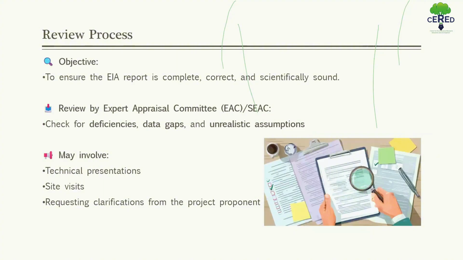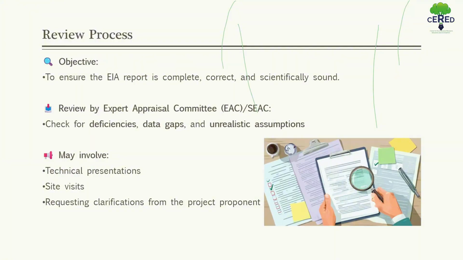After reporting, we see the review process where the expert appraisal committee, that is EAC or SEAC, reviews the report for accuracy and completeness. They may call for presentations, conduct site visits, or request clarification from project proponents.